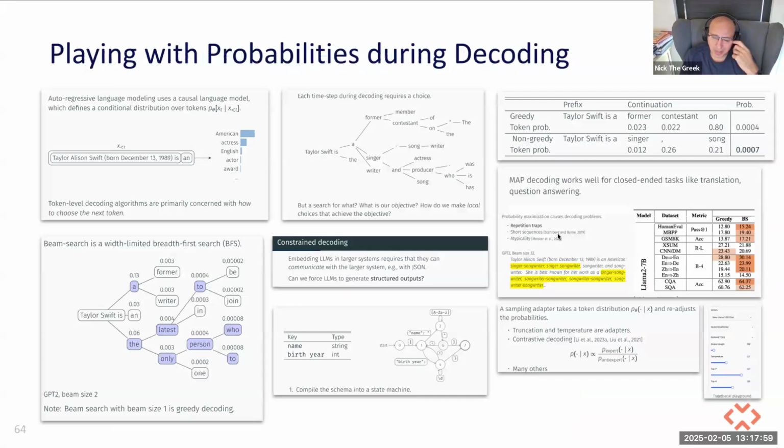And here's a deeper dive on what we saw yesterday. When you focus on the decoding, most language models do greedy decoding. Taylor Swift, 4713, 1989 is N, and the next token with the highest probability is American.